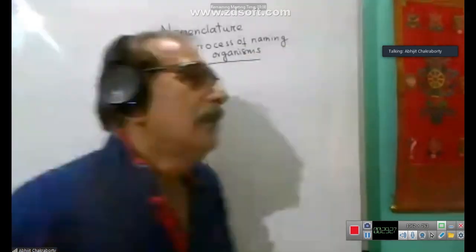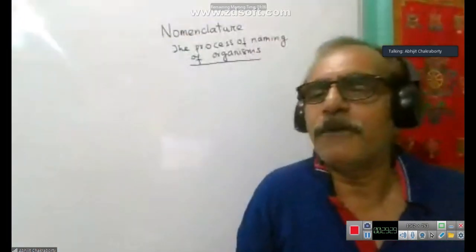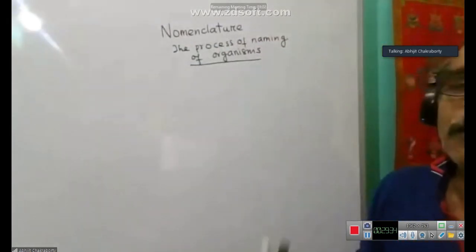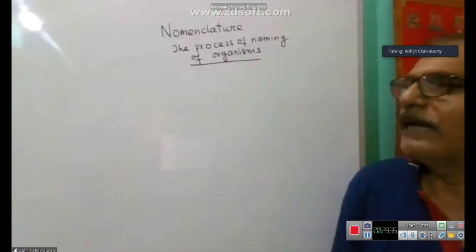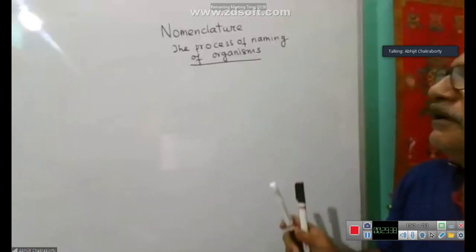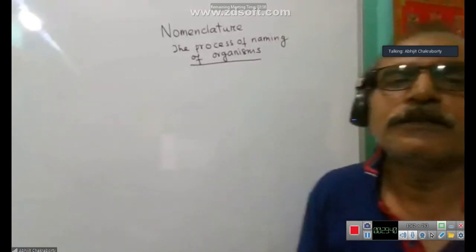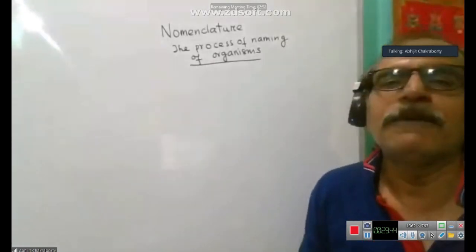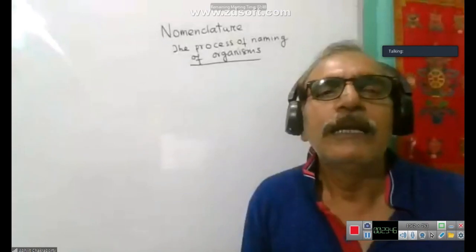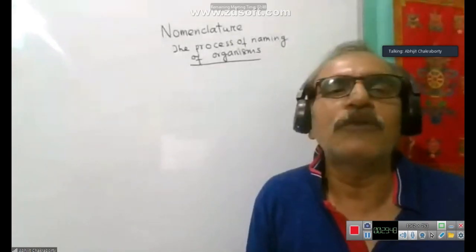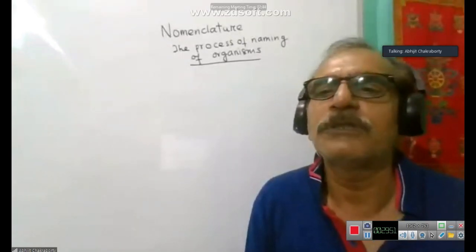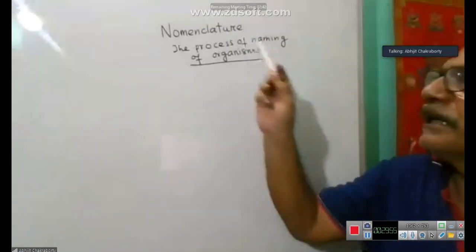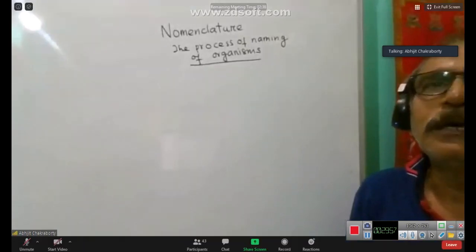There should be a universal platform for providing names to different organisms. If any plant or any animal is named differently in different parts of the world, then it would be very difficult to communicate and also to study. That's why nomenclature plays an important role here.